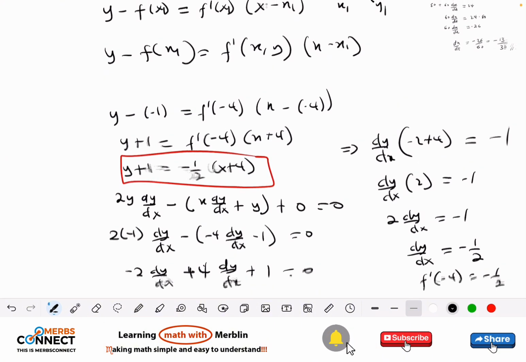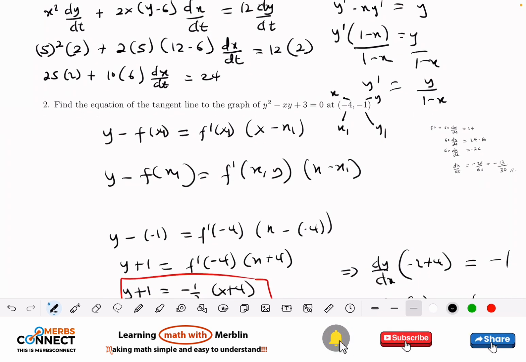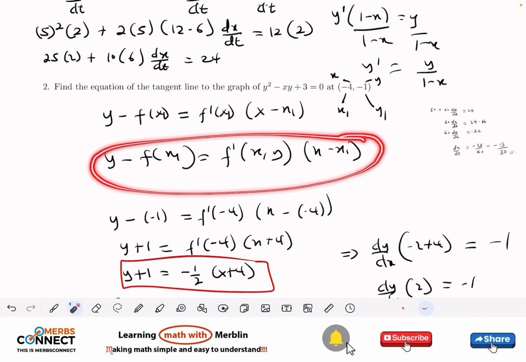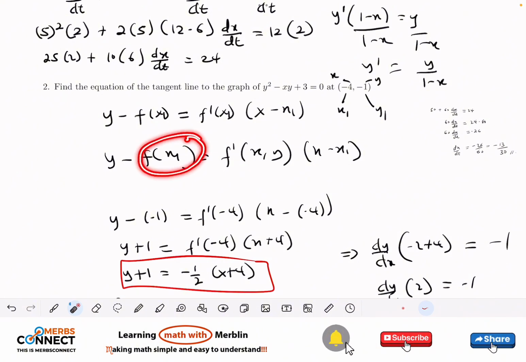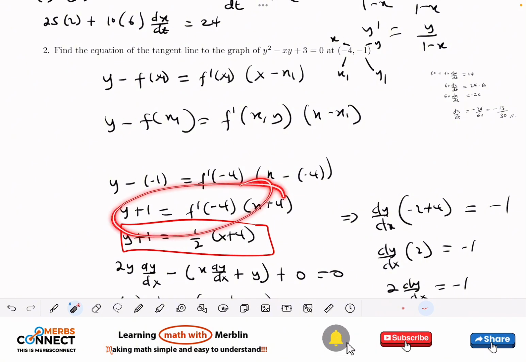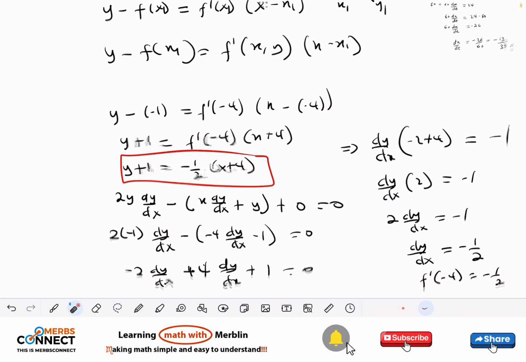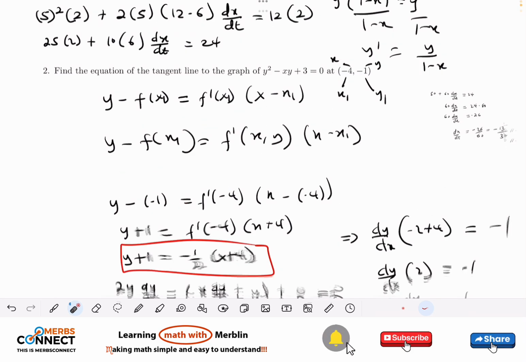So this will be the equation of the tangent. F of x1 is given, which is the same as y1. You do the direct substitution. So minus 4 here, minus 1 here. When you get here, then you differentiate the function, you plug them in, you look for your gradient, and you just come and plug it in.